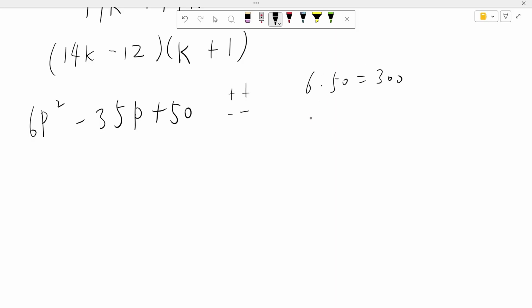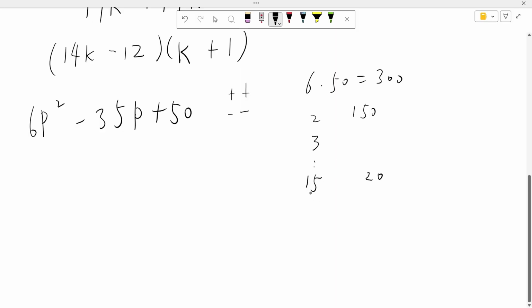So we try some other number. 300 divided by 2 is 150. Now it's not going to result in anything like 35, and neither is 3. So we keep trying. I'm using my calculator, but we keep trying until we get to 15 and 20.